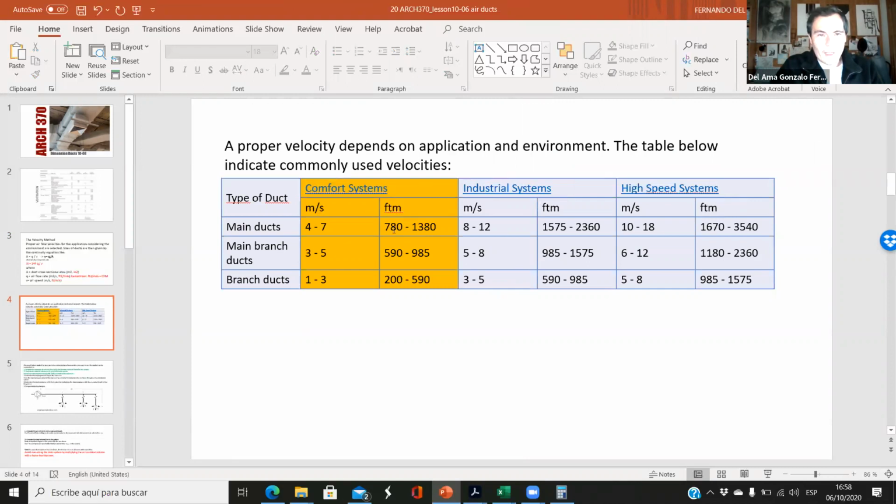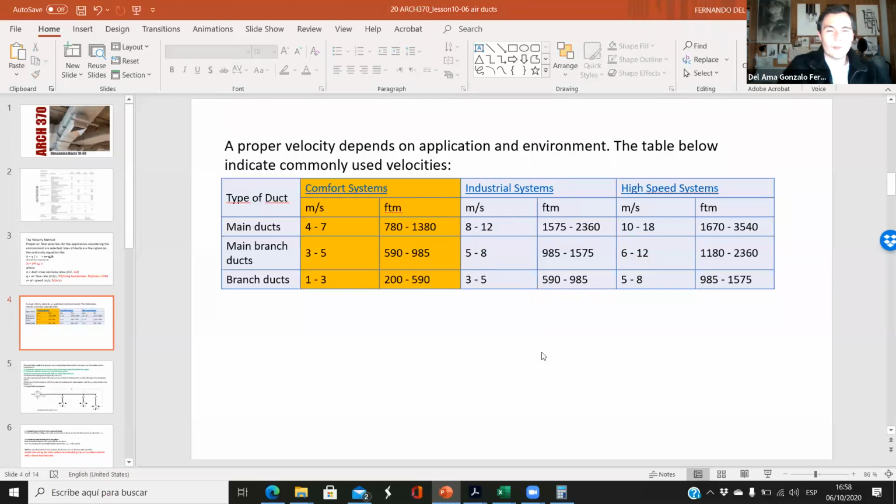There are different recommended velocities for each different use. When we are talking about comfort systems, these are buildings. Industrial systems can be buildings, but industry buildings. So again, it's not a residential building.